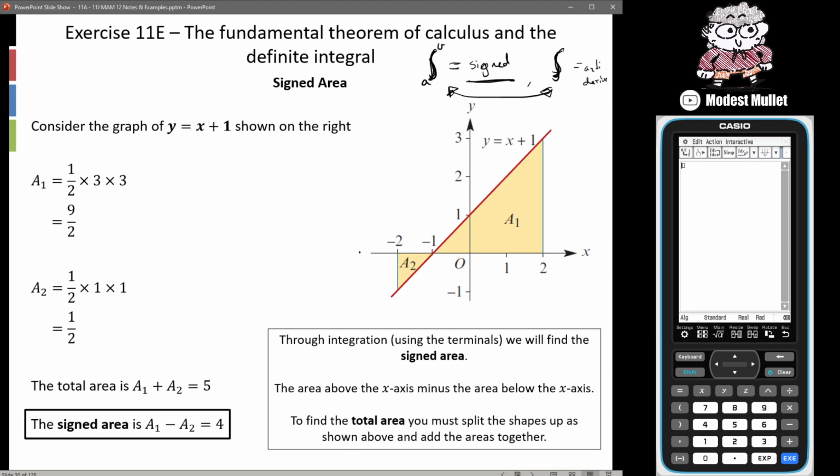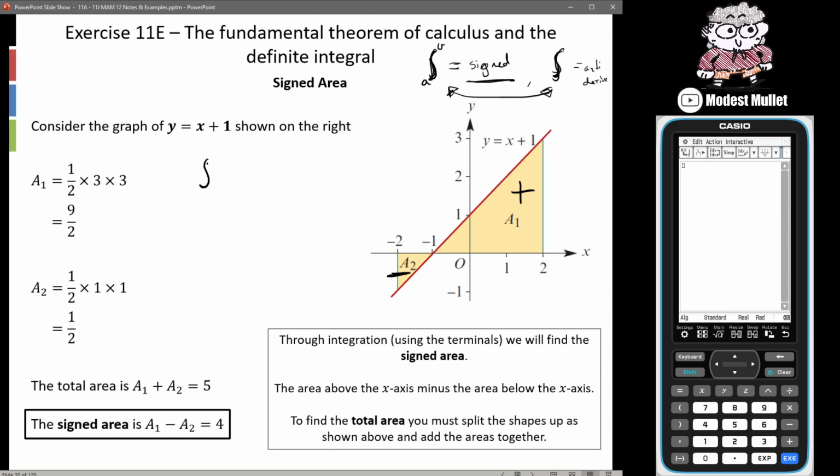So what is a signed area under the graph? Well, in this case, this is an example of finding the signed area, where any area above the axis is considered positive and any area below the axis is considered negative.